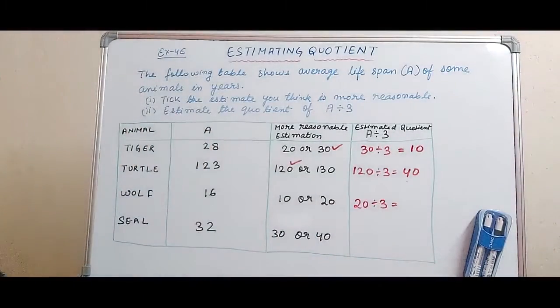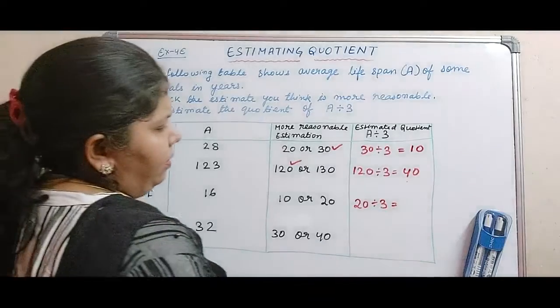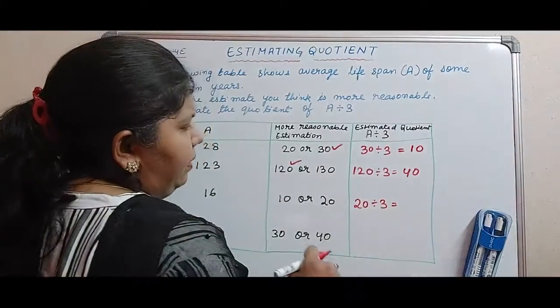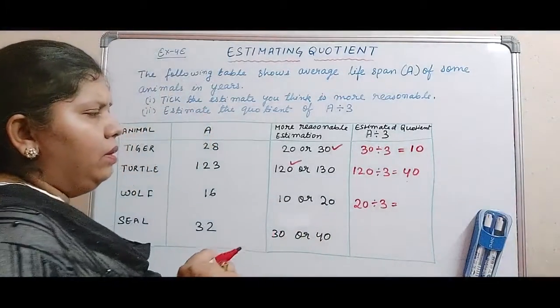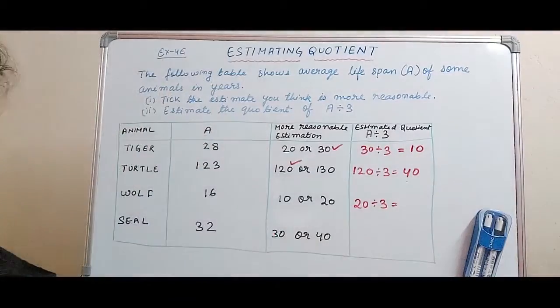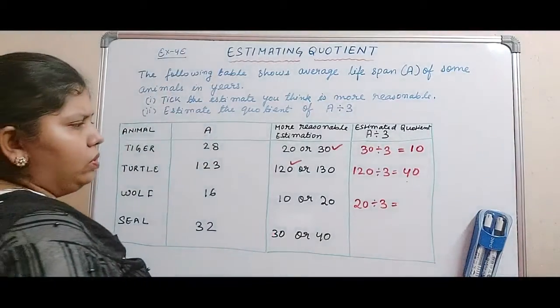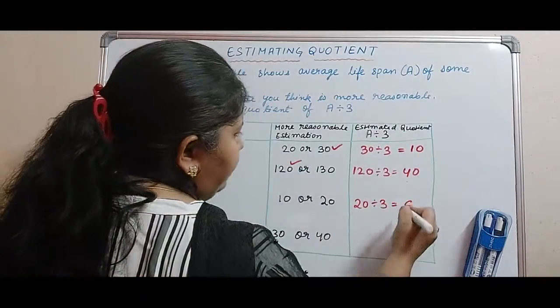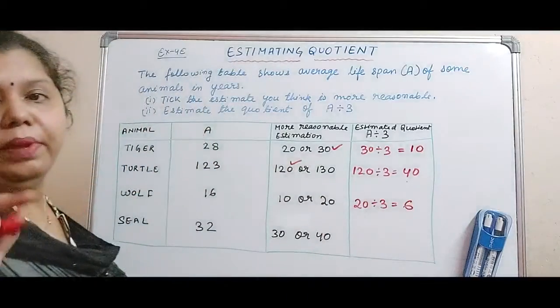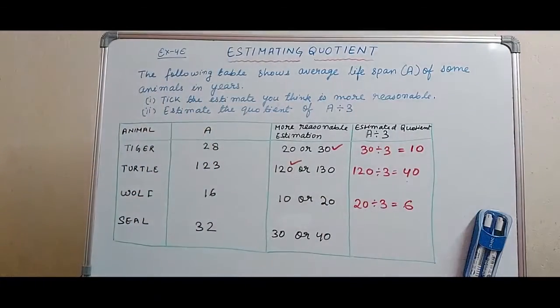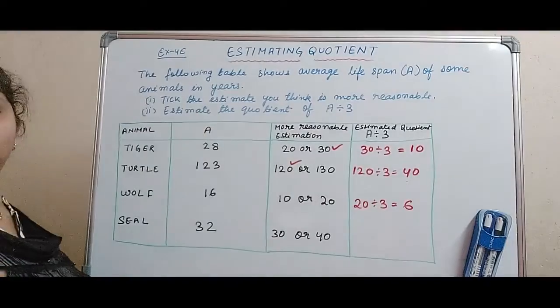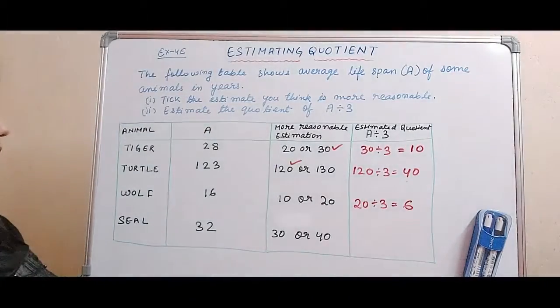We will get a remainder. 3 sixes are 18, because 3 sevens are 21, which is more, so you have to take 6 and ignore the remainder of 2.